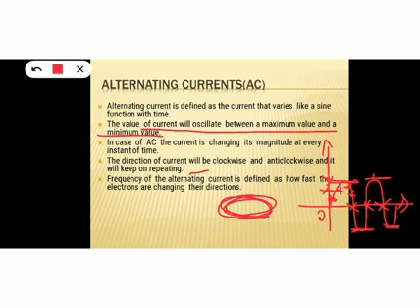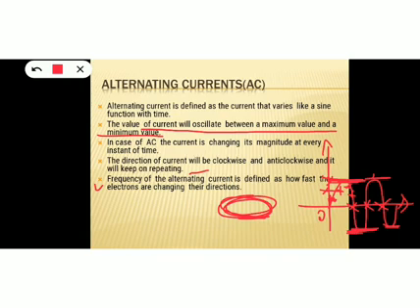Okay, that's why it switches over between the maximum value in the positive direction and the maximum value in the negative direction. And also the frequency of AC current is defined as how fast the electrons are changing their directions. You know, current is produced due to the movement of electrons and in the case of AC current, the electrons change their direction.